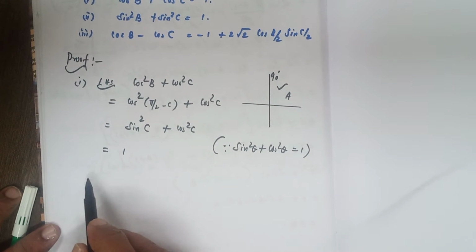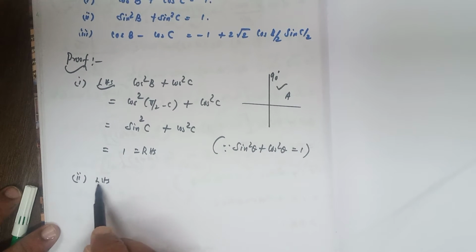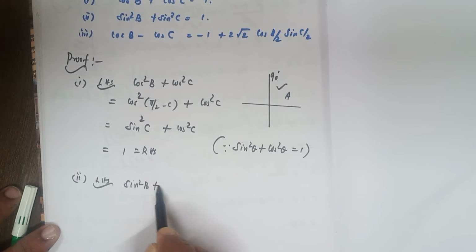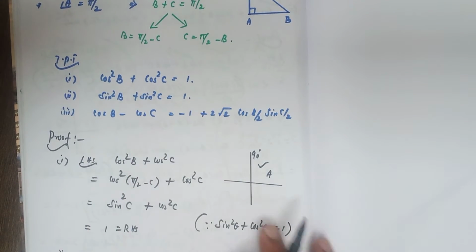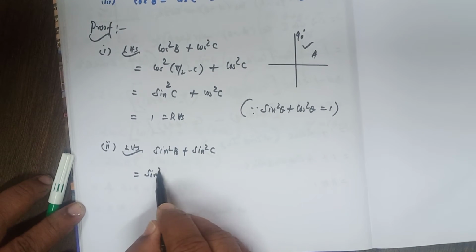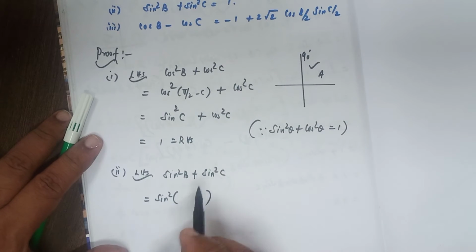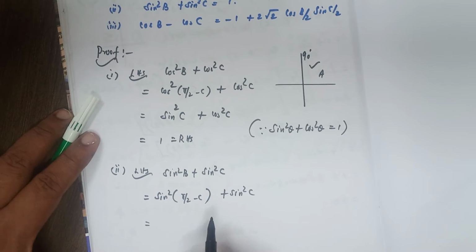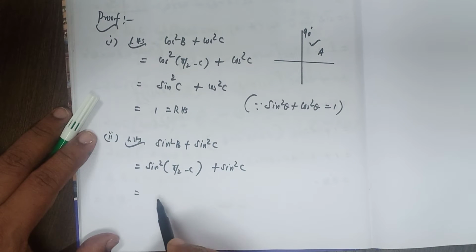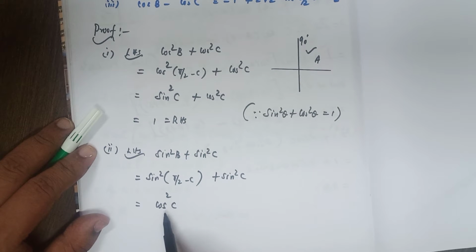Over. Now subdivision number 2, LHS, sin squared B plus sin squared C. We have to prove that it is equal to 1. Sin squared as it is, B can be replaced by pi by 2 minus C, plus sin squared C. For 90 degree, sin becomes cos angle C, square as it is. 90 minus C once again lies in the first quadrant, everything is positive, it is also positive.